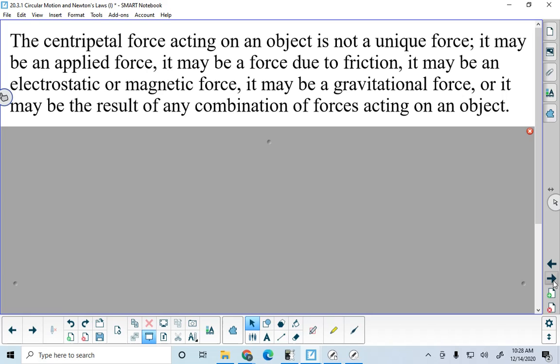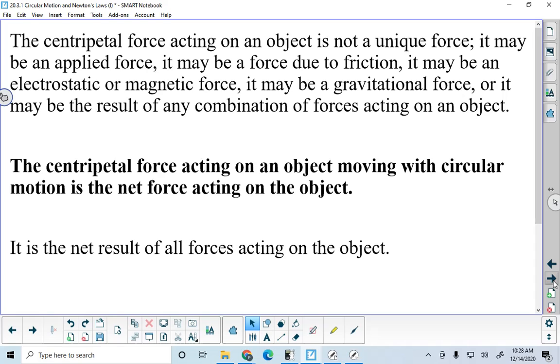If you look at the planet Earth revolving in a circular orbit around the sun, there is a centripetal force on Earth, and the centripetal force is the force of gravity. When I drive my truck around a circular curve, the centripetal force is the force of friction. So the centripetal force can be anything, but the most important aspect is it's the net force. In terms of free body diagrams, if you add all the forces together, you will get the centripetal force because the object actually moves in a circle.